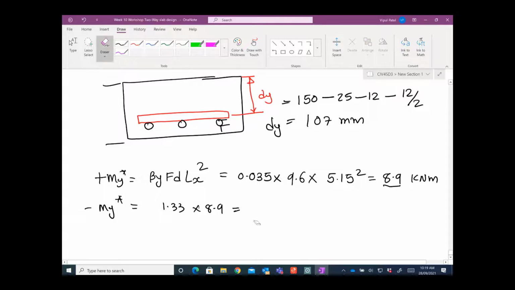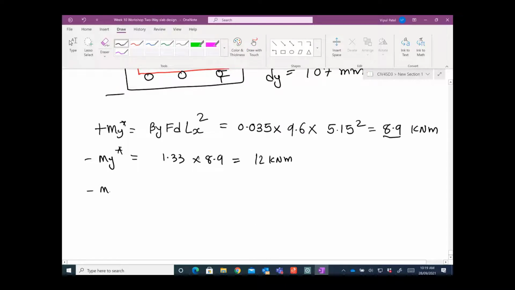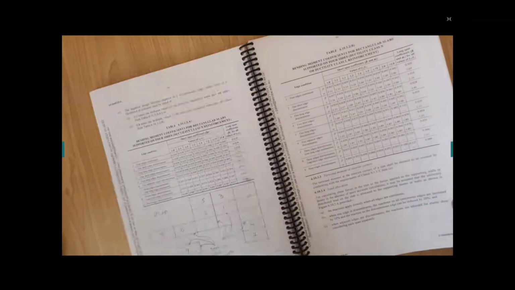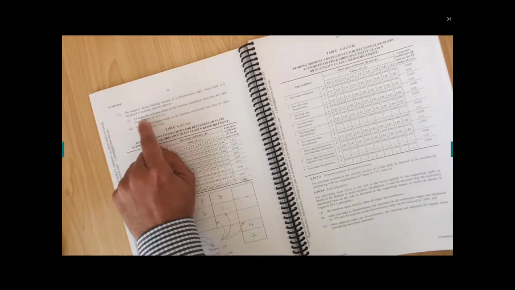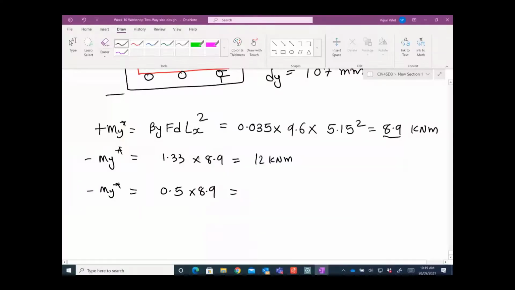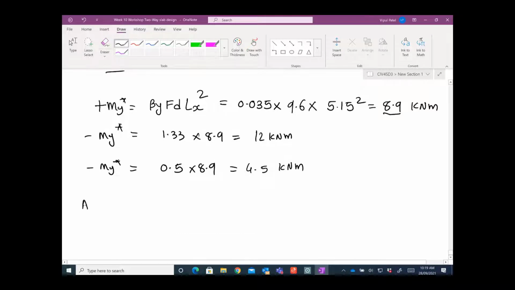I'm not writing everything here, so that is 12 kilonewton meters. And negative My star at the discontinuous edge, I think this is just a repetition, 0.5. I think you know the story now, 0.5 times 8.9, you get 4.5 kilonewton meters.